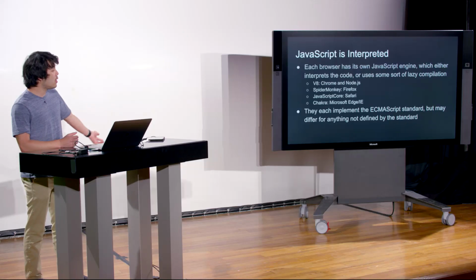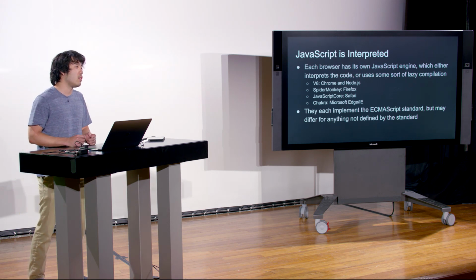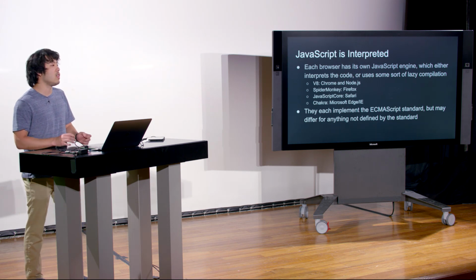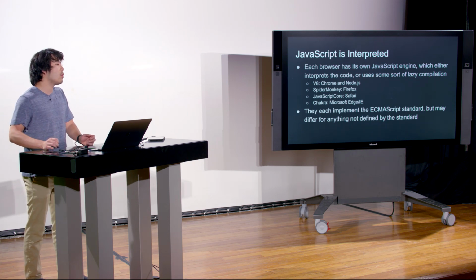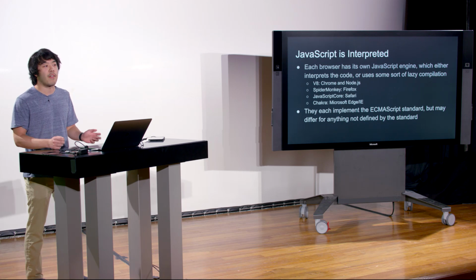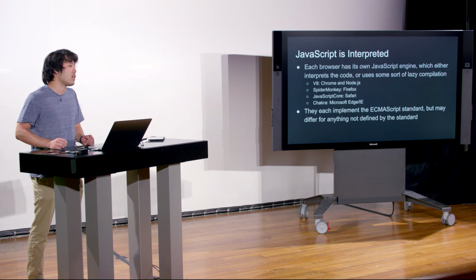Each of the engines in the browsers implements this standard. But there are some functions where the standard is a little hazy, or maybe doesn't even define the function, and there's no hard line of exactly what it should do. So they may differ for anything not defined by that standard.